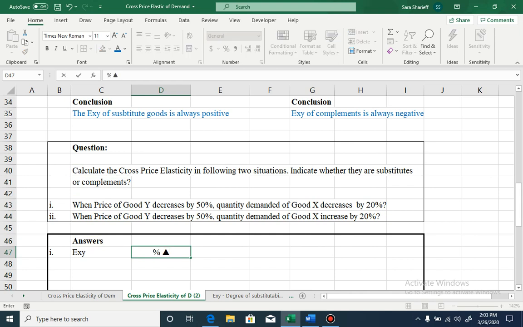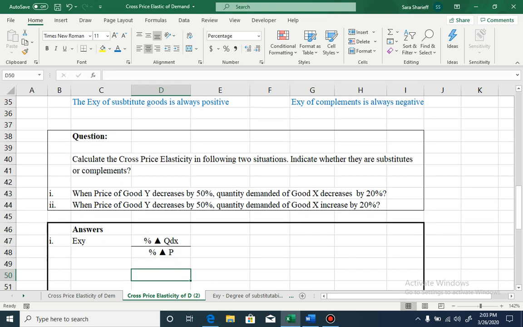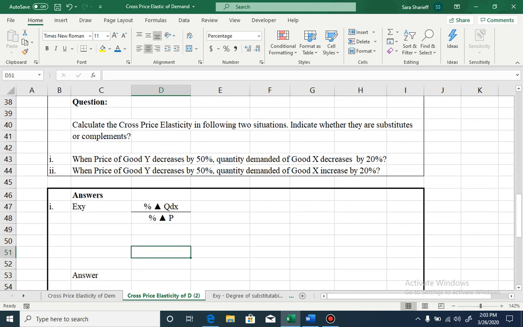Percentage change in quantity demanded of good X divided by percentage change in the price of good Y. So in this example, your price of good Y is decreasing by 50%. That means minus 50%, right? And in response to that decrease in price by 50%, quantity demanded of good X is also decreasing by 20%, right? What will be the answer?